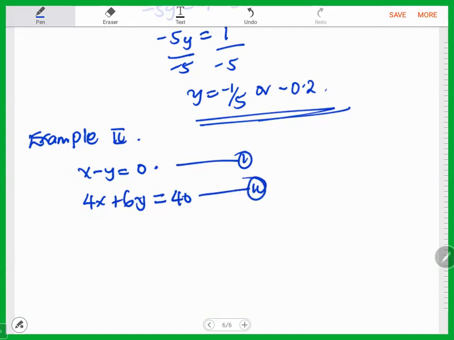Starting with the first one, x minus y is equal to 0. Therefore, x is equal to y. We can substitute in any of the others. Where there is x, I can put y. Where there is y, I can put x.